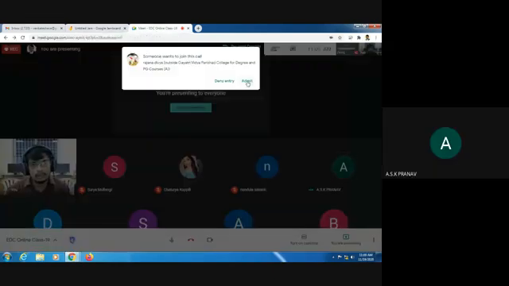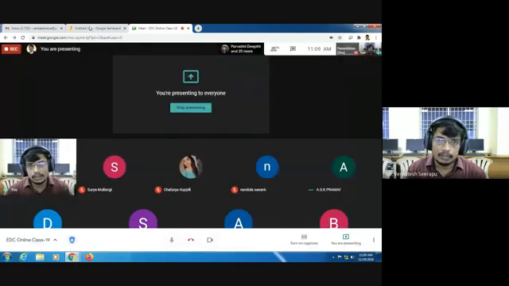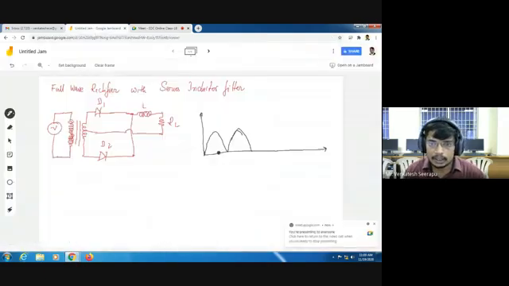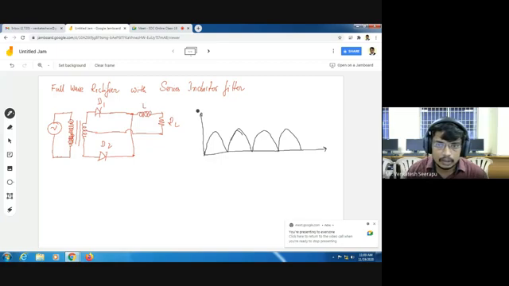Yes, in half wave rectifier only one half cycle is converted into the positive waveform, whereas in full wave rectifier both positive and negative half cycles are converted into the positive waveform.